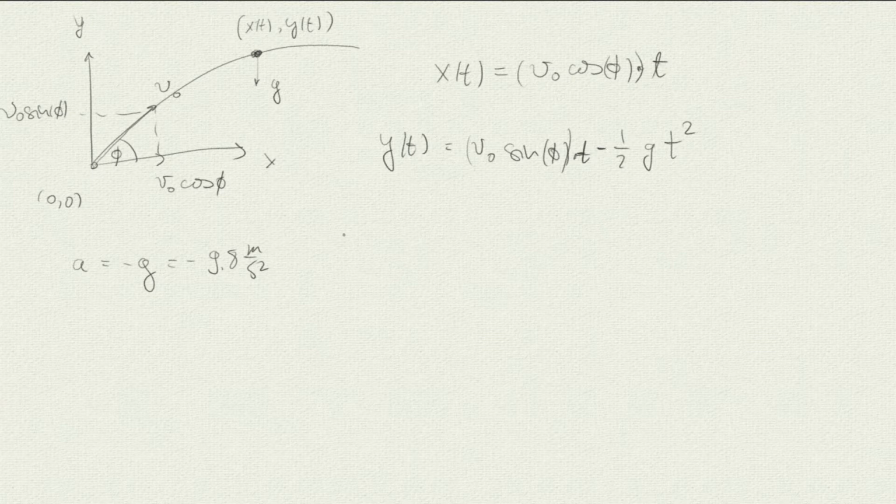And so if we have an origin in another place, and we want to describe a motion from another point, then basically we would just add x0 and y0.